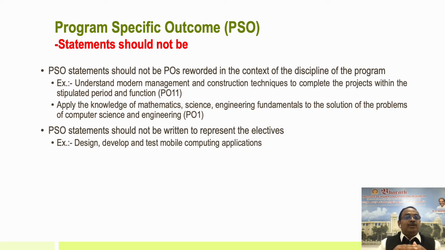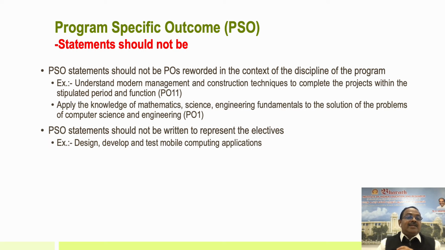The PSO statement should not be a PO reworded in the context of the discipline of the program. Say, for example, "understand modern management and construction techniques to complete the project within the stipulated period and functions." When you see this, this PSO is very similar, a replica, of program outcome PO11.